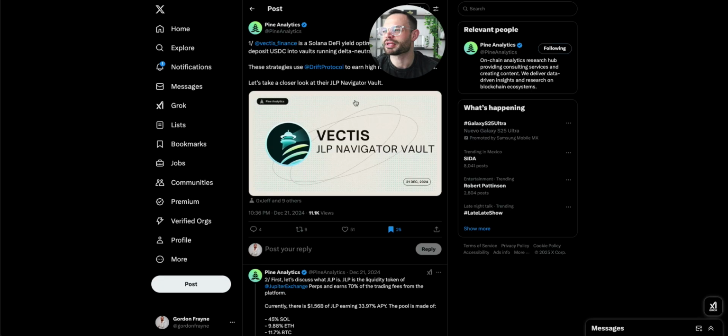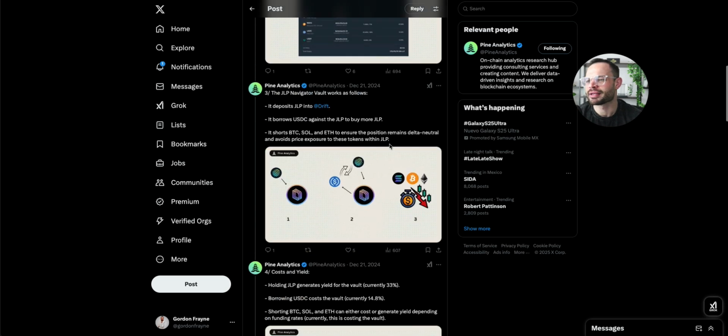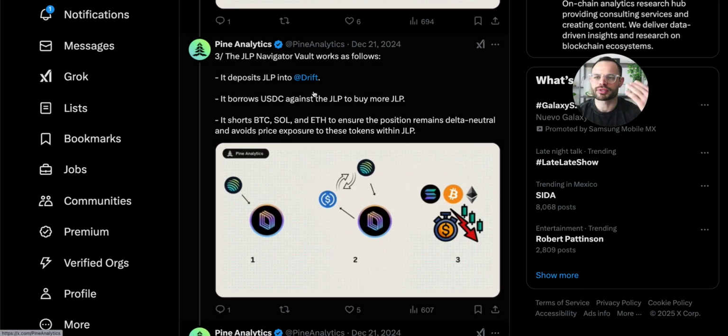Okay, so what's happening with this particular vault? Well, this thread on X breaks it down very succinctly. When we're entering this vault, the JLP Navigator Vault over on Vectis, what the vault is doing on our behalf is purchasing JLP. It is then depositing that JLP into Drift protocol, which is another lending and borrowing protocol on Solana.